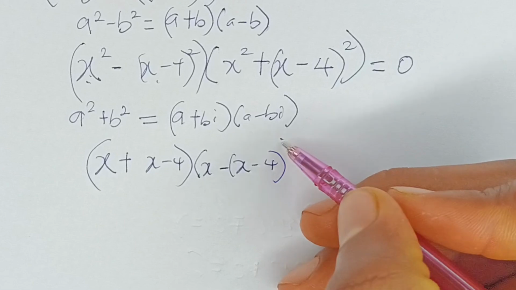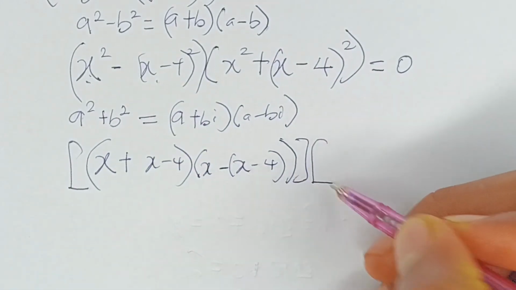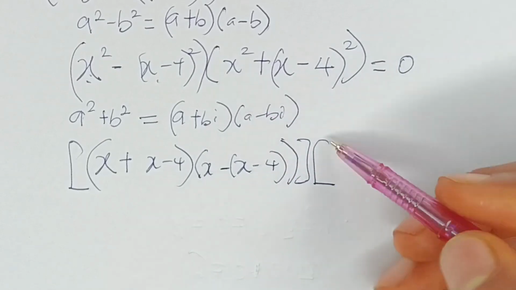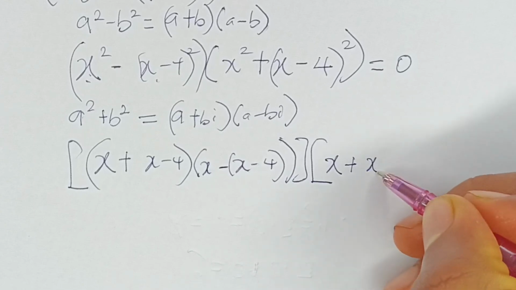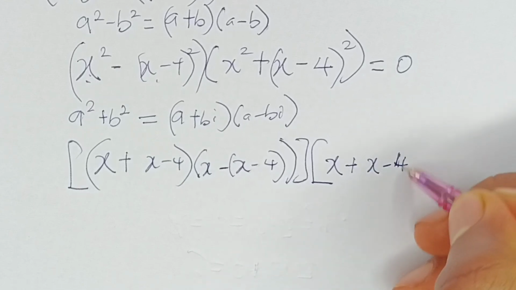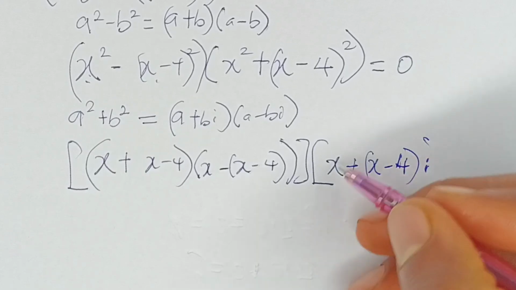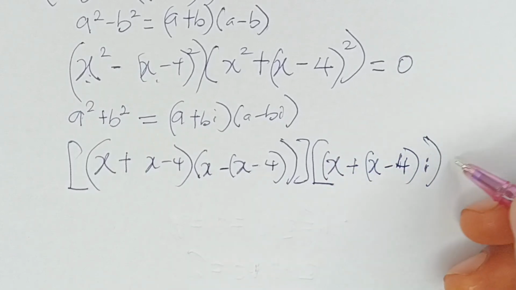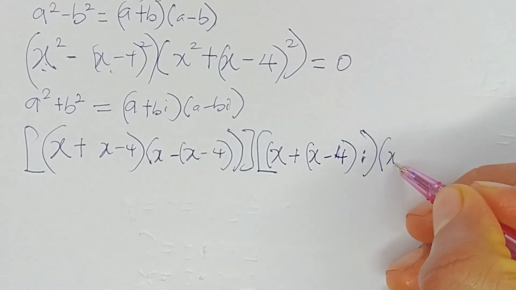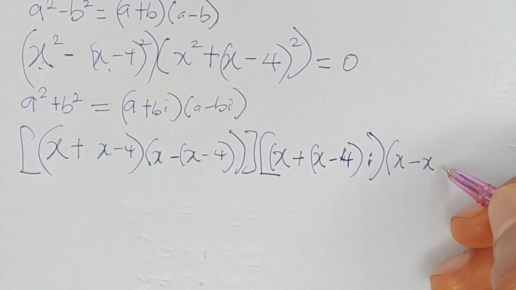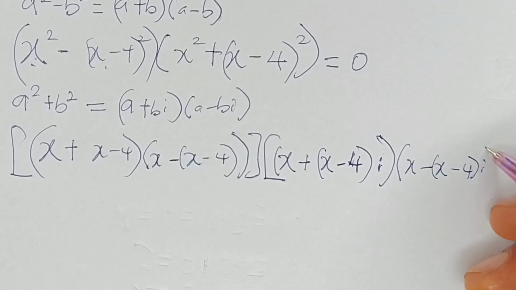And now I put a bigger bracket here, multiplied by, and I bring this in, so we have (x + (x − 4)i), all right, so this is 1 times (x − (x − 4)i).